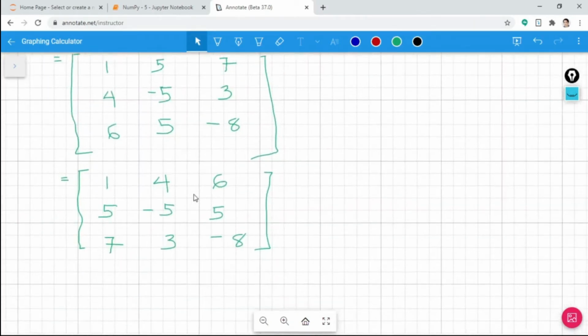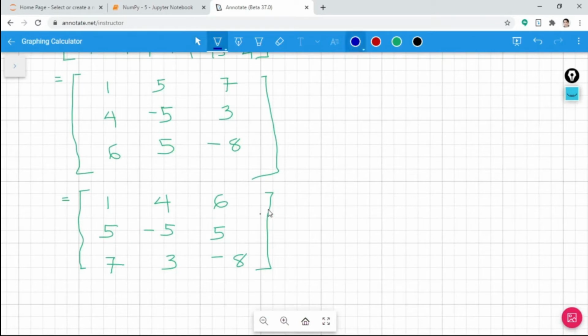Let me label this one as A inverse. I think no, that's not A inverse. This one is the adjoint, I'm sorry. This one is the adjoint of A. So the inverse will be multiplied by the determinant.